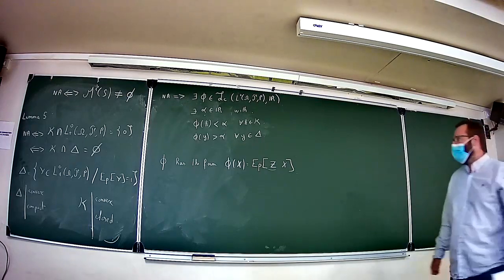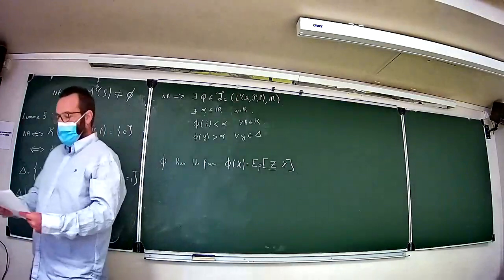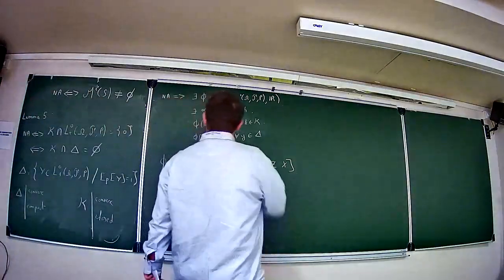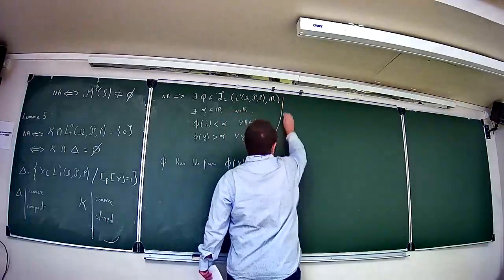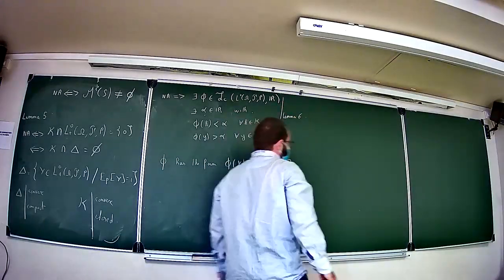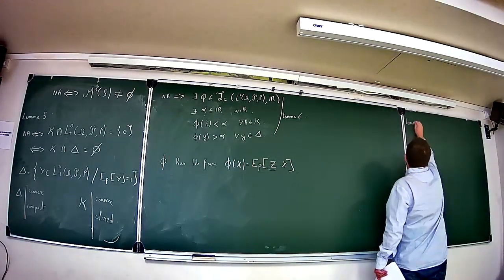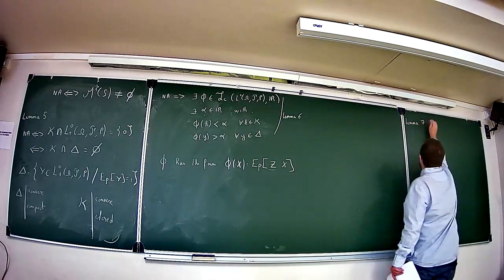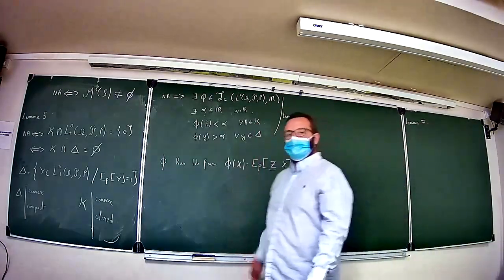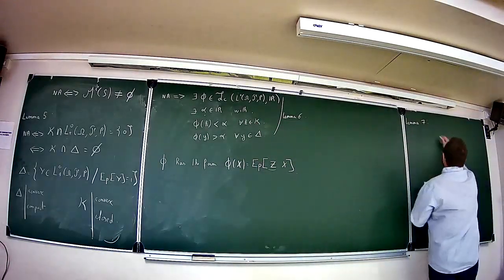Okay, so we are going to continue the proof. And this one was Lemma 6. So I continue my proof. Lemma 7 would be based on what we have done here. So what is the meaning of this one?